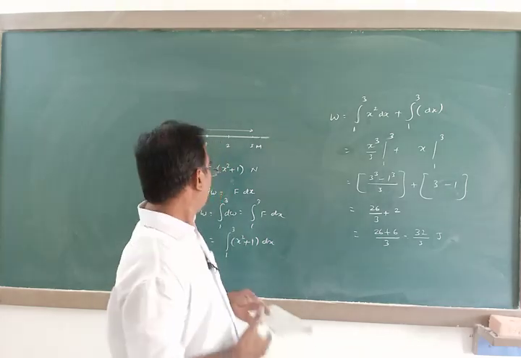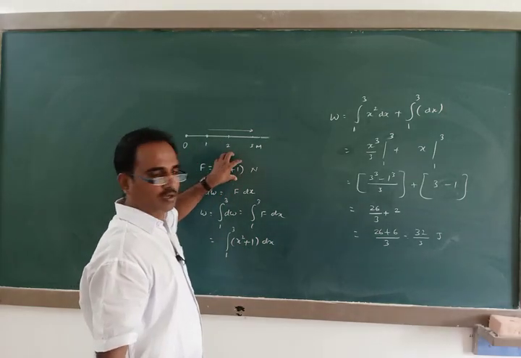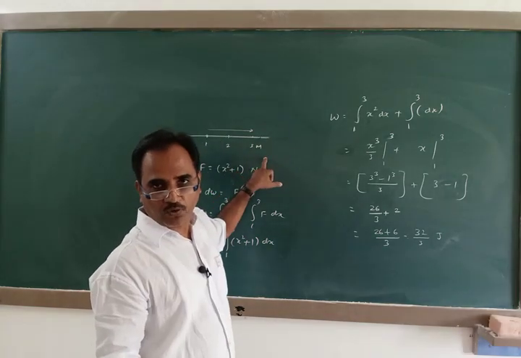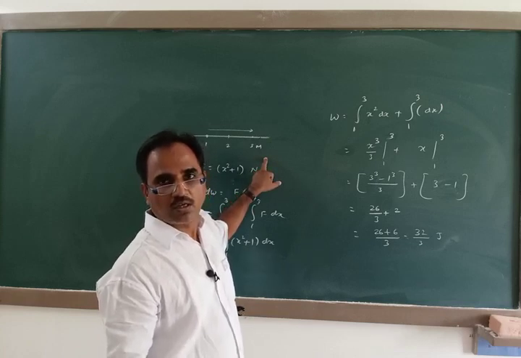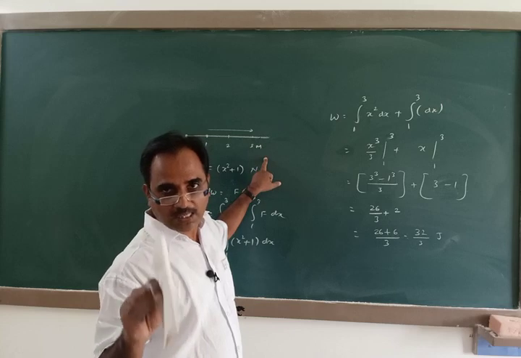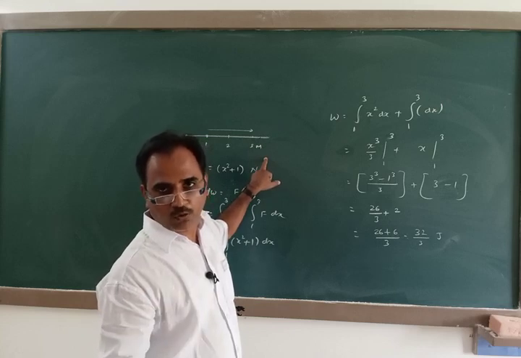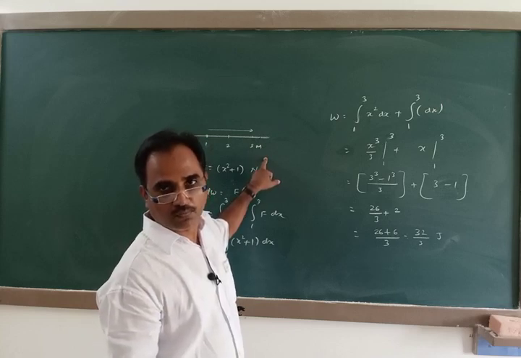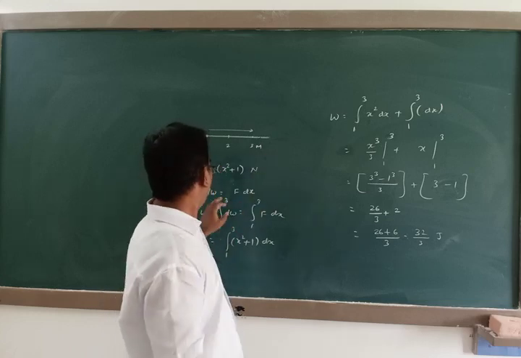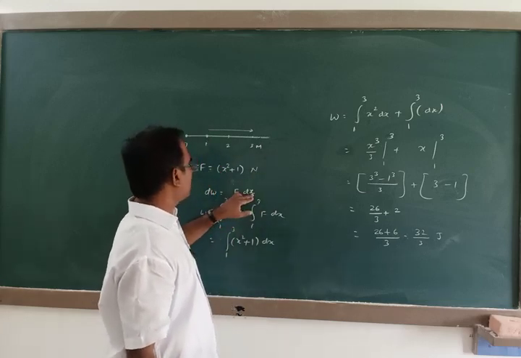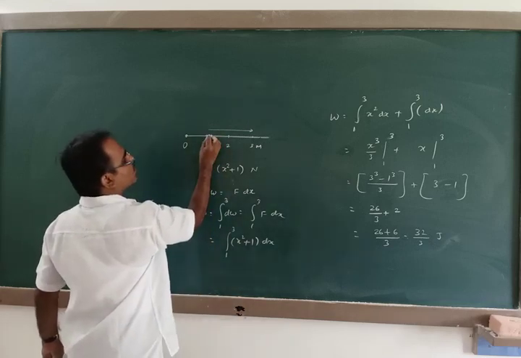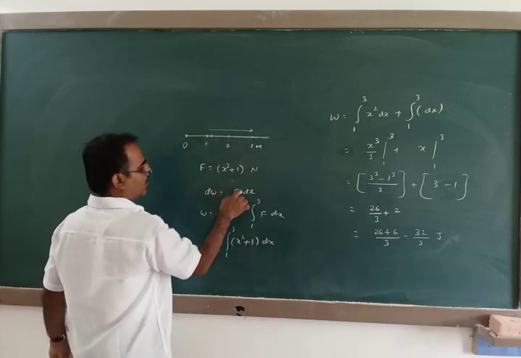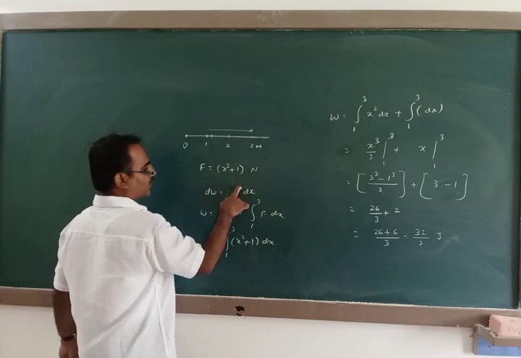So when the force is variable, work done F into S, force into displacement, though conceptually correct, you simply can't use that relation because the force is variable. See, in a small distance dx, though force is variable, it is considered to be a constant.